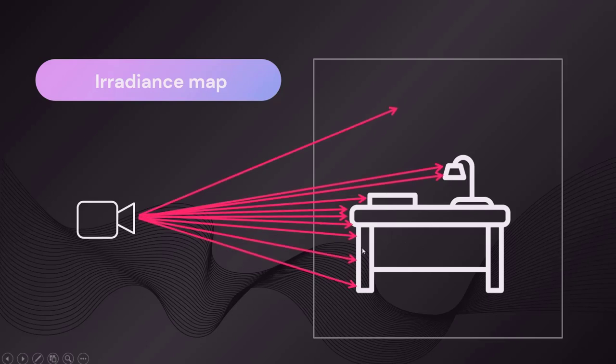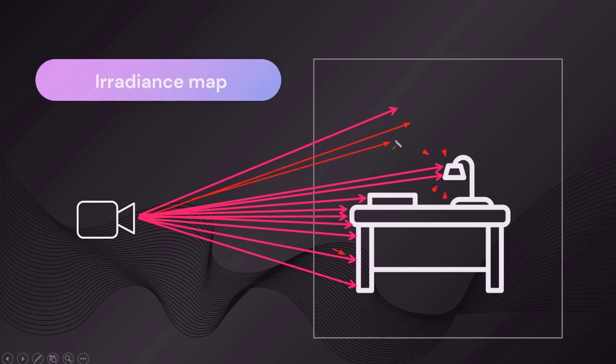and it realizes what part of the scene is more complicated, like these areas, and it will send out more rays there, but the parts like the wall that are not really complicated and are flat surfaces will receive fewer rays of light. And so on the whole, the irradiance map method is both quicker and also more intelligent when it comes to sending out the rays of light into the scene and giving out our render.